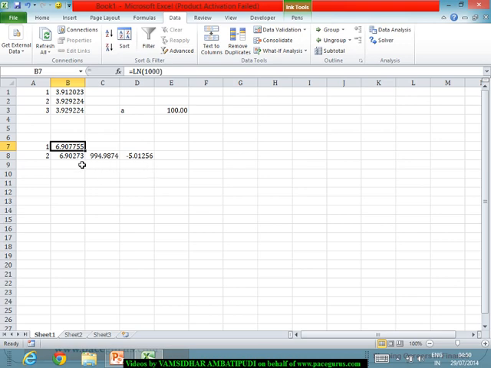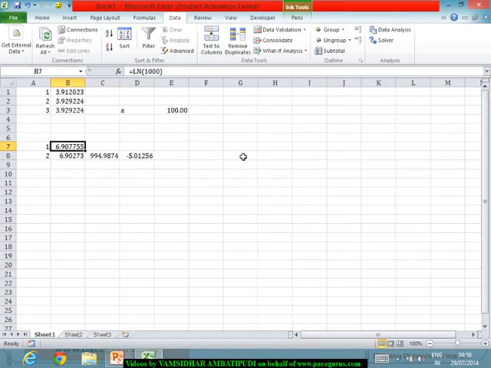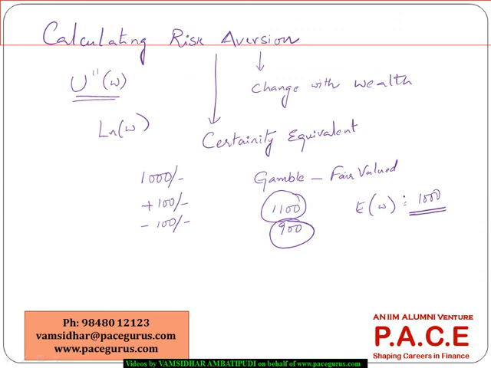Here, if it is a 50% chance of getting 1100 and 50% chance of getting 900, the expected value is still 1000 itself. So, if the expected value is 1000, he is always looking at not getting into the gamble because his 1000 is already assured here.